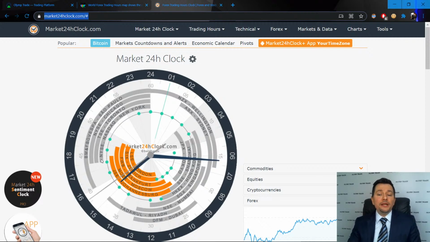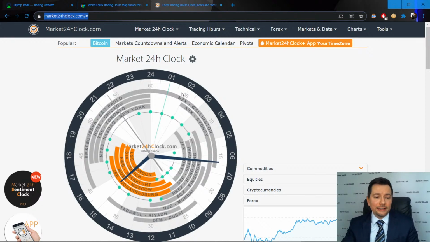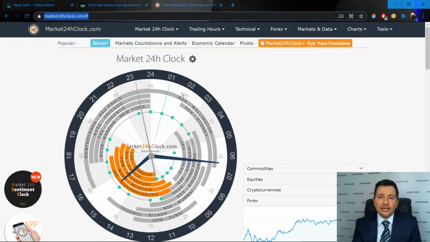And another thing I wanted to show you guys, when there is no action, when we pass midnight and get into the 0, 1, and 2 hours of the day. Why is this important? Because some traders, they get home from work and they think, I'm going to stay up a little bit later and trade a little bit longer.